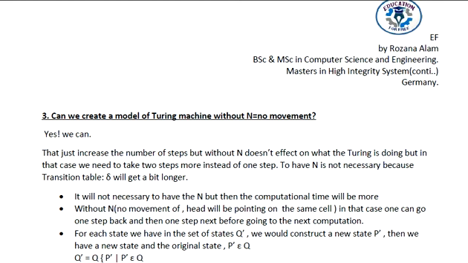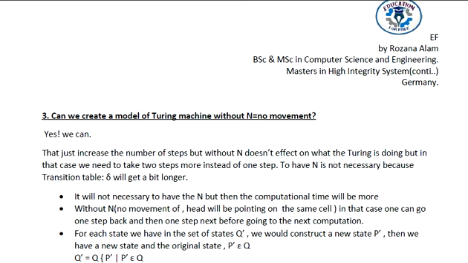In that case, we need to create a new state, and then we can move into the left or right, and then come back to the no-movement position where we were before. So it's basically just increasing the number of steps, but without N it doesn't affect what the Turing machine is doing.